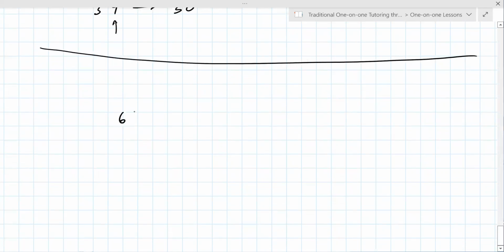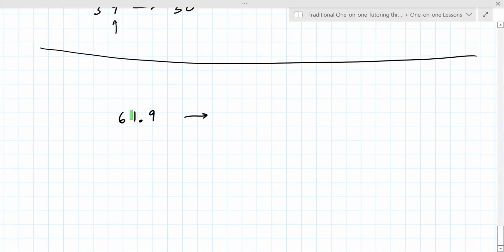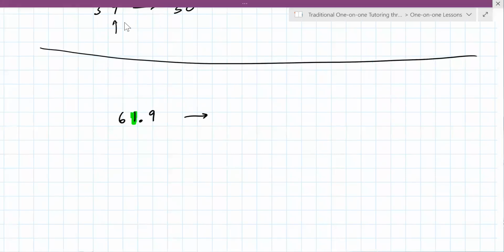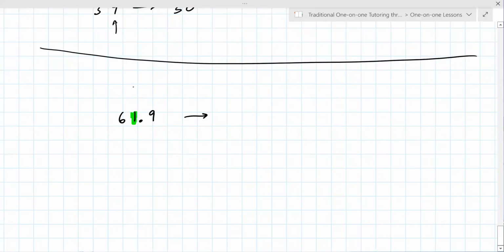Okay, great. I also mentioned last time that there are some things that I can do to be distracting. Like I could ask you what 61.9 rounds to, and what is the only digit that you care about? Do you remember which place it is? The 10s place. The ones place. So you just look at this number here. Does this round up or down based on the 1?